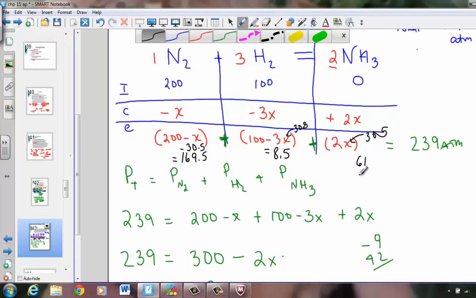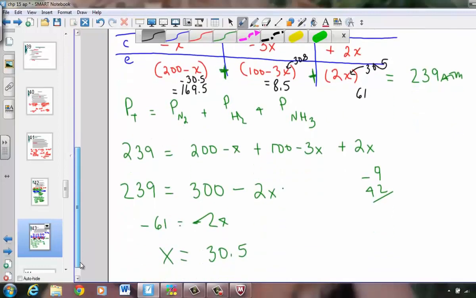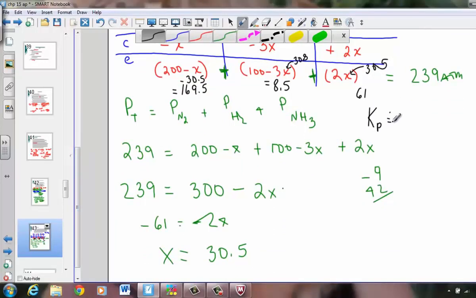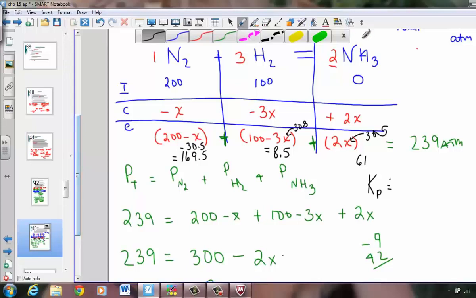Because now we have those equilibrium pressures that we can quickly calculate a Kp from. So Kp can be found by taking the partial pressure at equilibrium of ammonia, which was 61. It needs to be squared, set over the partial pressure of nitrogen, which is 169.5 to the first power, and the partial pressure of hydrogen, which is 8.5 at equilibrium, cubed.